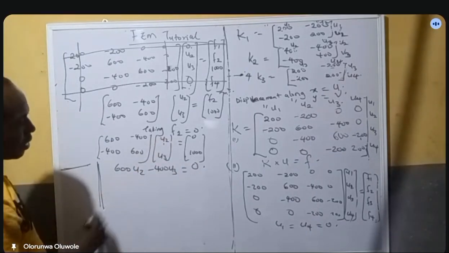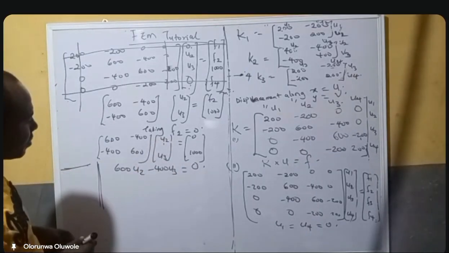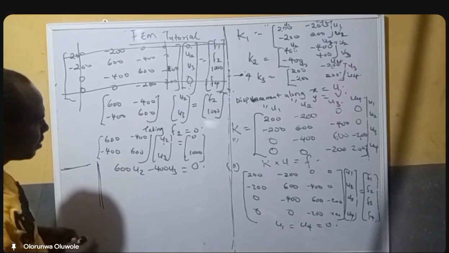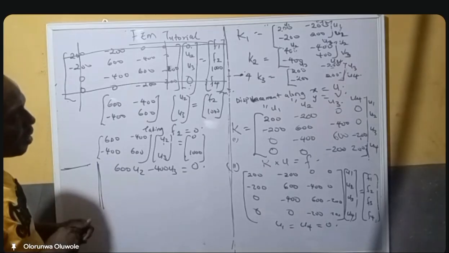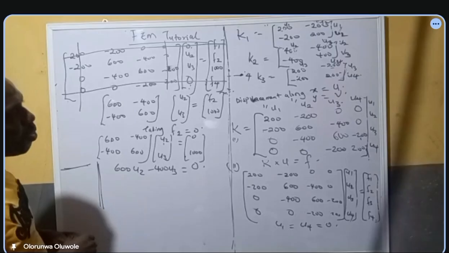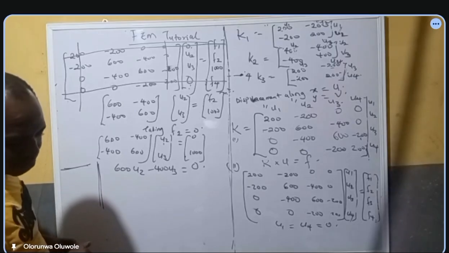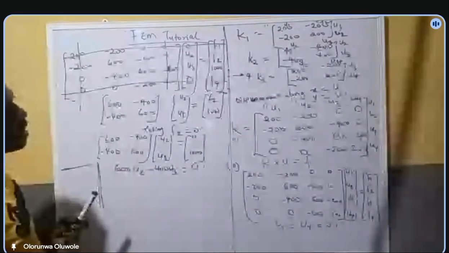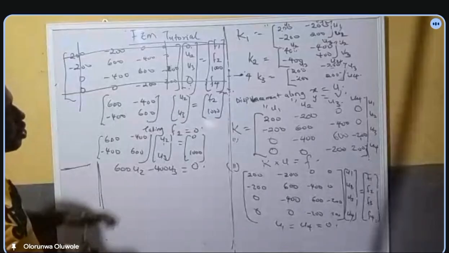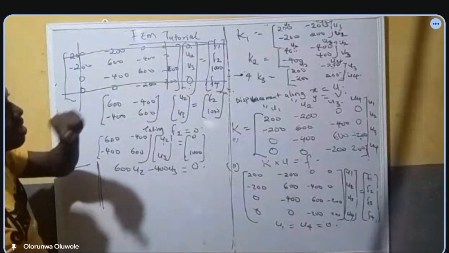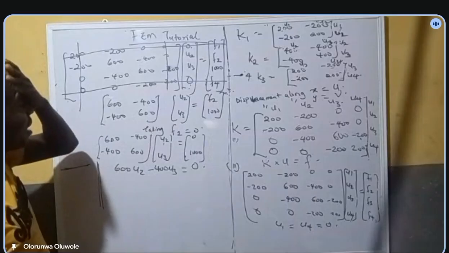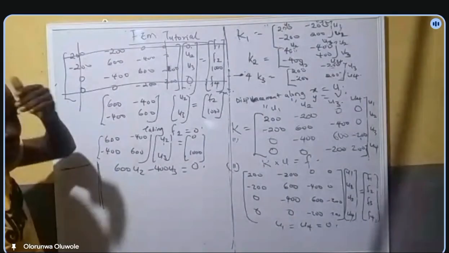Why do we take the F2 to be 0? What conditions are applicable to that? Now F2 wasn't given, the force was not given, and for you to solve, you have to take it that there's no force in that place, so it is 0, since we are not given.